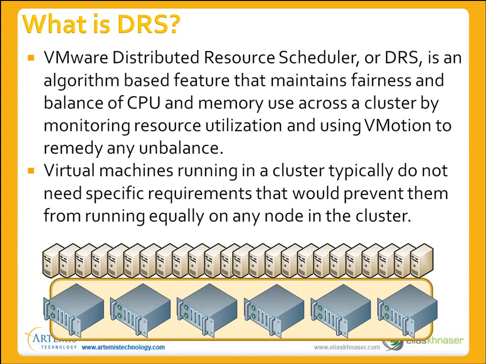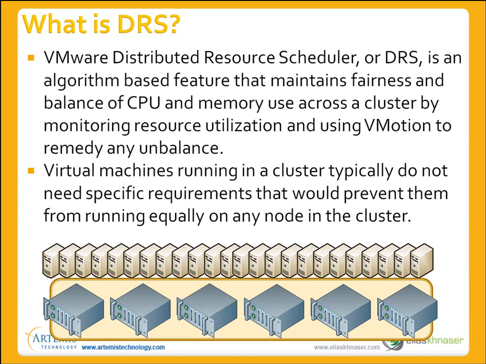Now, as far as DRS, what is DRS and what does it do? Distributed Resource Scheduler leverages vMotion technology to balance resources from a CPU and memory standpoint across multiple hosts. So what DRS will do is it will continuously monitor the cluster. Let's say you have 3 or 4 hosts in your cluster with 300 virtual machines on them.